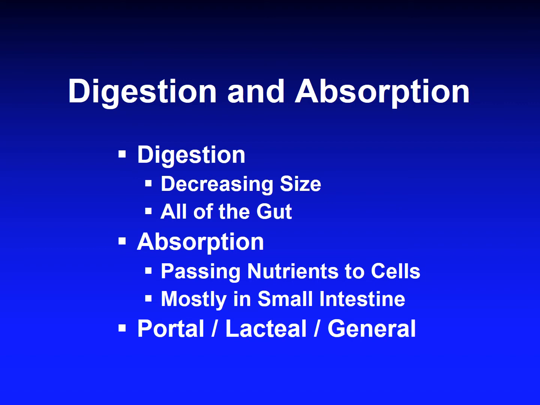Two is to get it from the enterocyte into either the blood circulation through the portal vein or through the lymphatic circulation through the lacteal. That's how it's going to get to the general circulation. And this happens, unlike digestion, which happens all over the gastrointestinal tract, mostly in the small intestine.